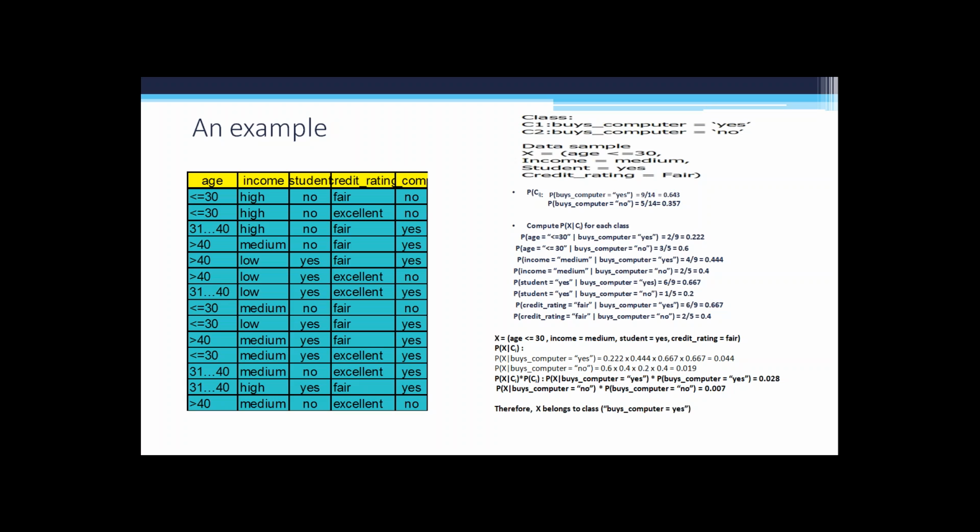So you look at the specific data instance. In our case, the data instance you're looking at is x equal to age less than equal to 30, income equal to medium, student equal to yes, credit rating equal to fair.